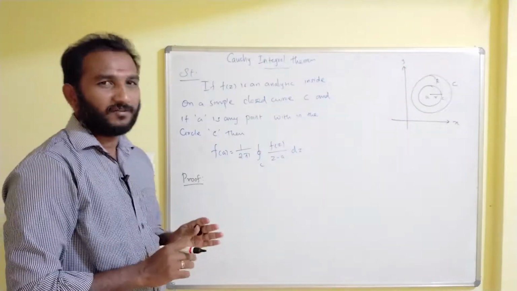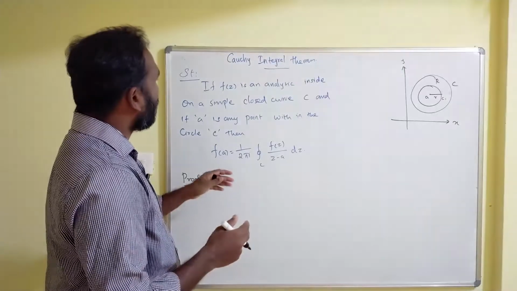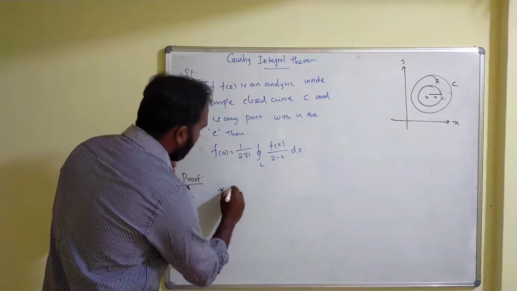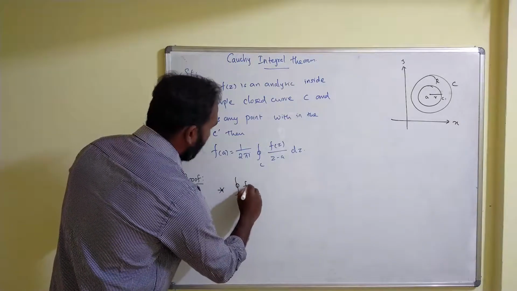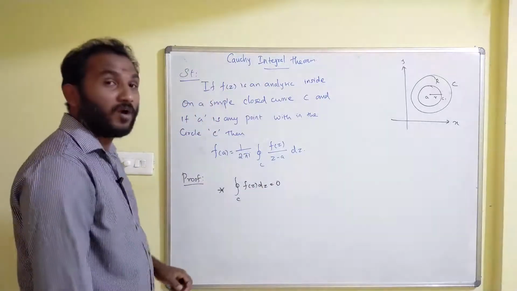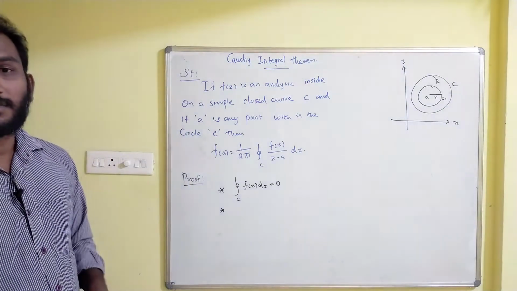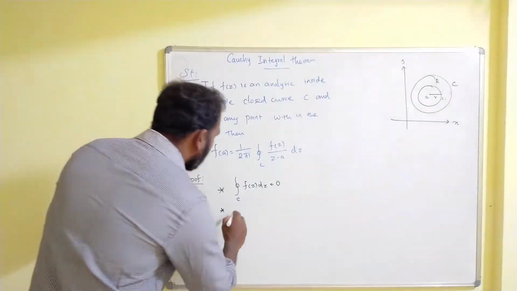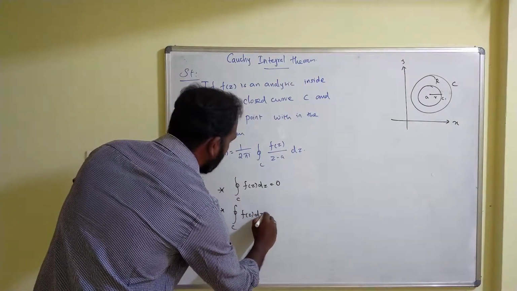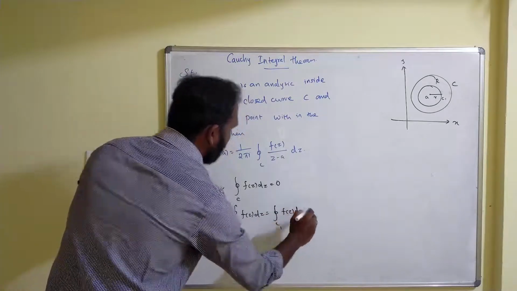To prove this theorem, we need to recall some basics, Cauchy's theorem. So what is that? First one: integral over C of f of z dz is equal to 0. This is called Cauchy's theorem. And one more theorem we need to recall is the extension of Cauchy's theorem for two curves. Integral over C of f of z dz is equal to integral over C1 of f of z dz.